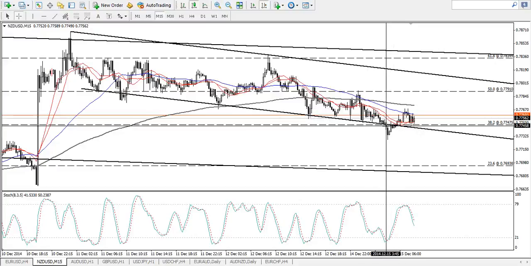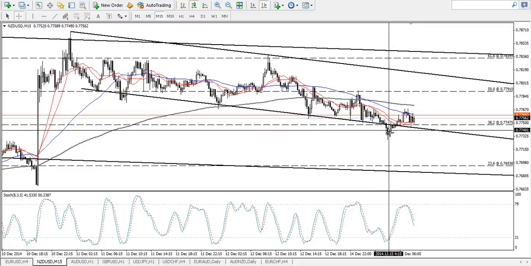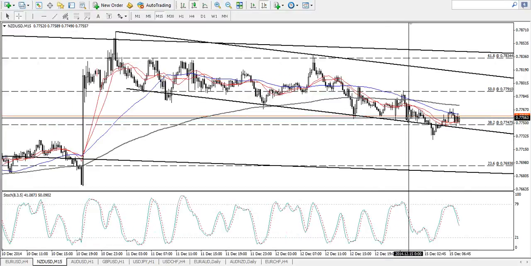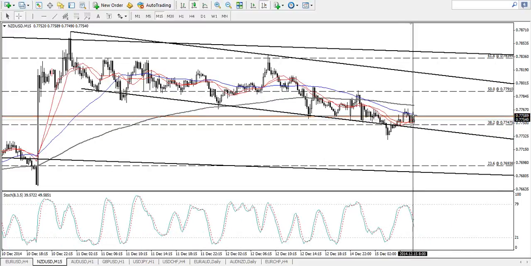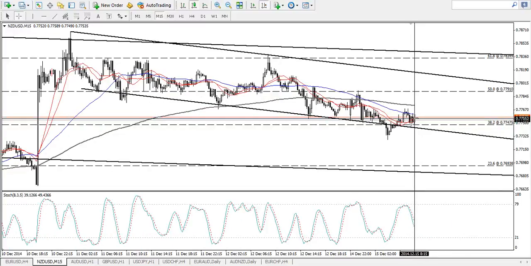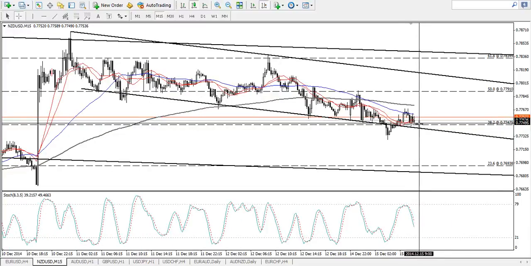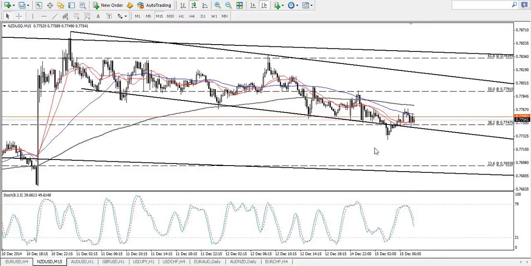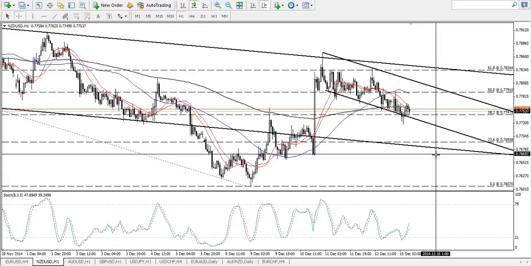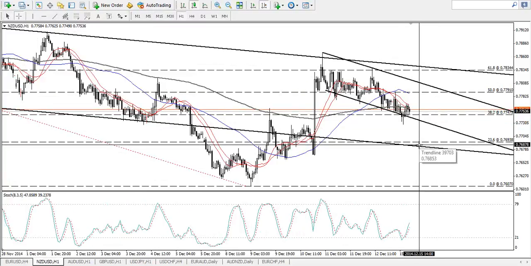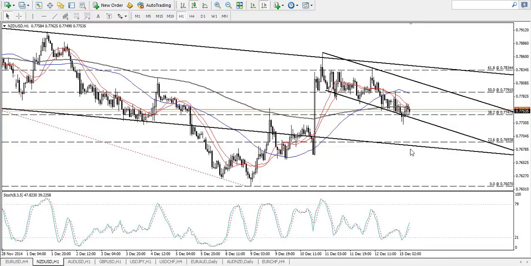Price has broken below once, came up, got resisted at the 55 moving averages, and began to fall again. So there is a likelihood that price may break even lower, and therefore the first support level we're going to look at is at the bottom of the falling trend channel, followed by the previous low. So that's for the New Zealand dollar against the US dollar.